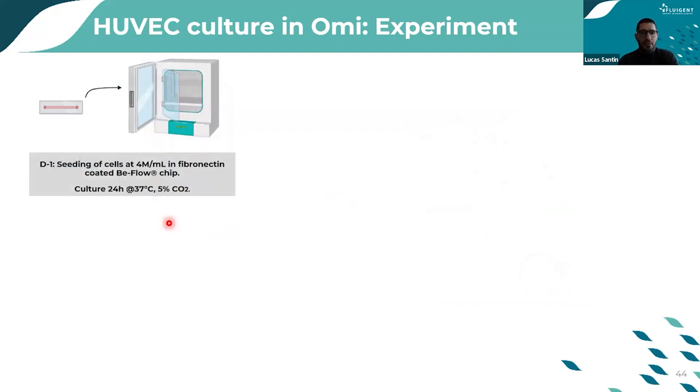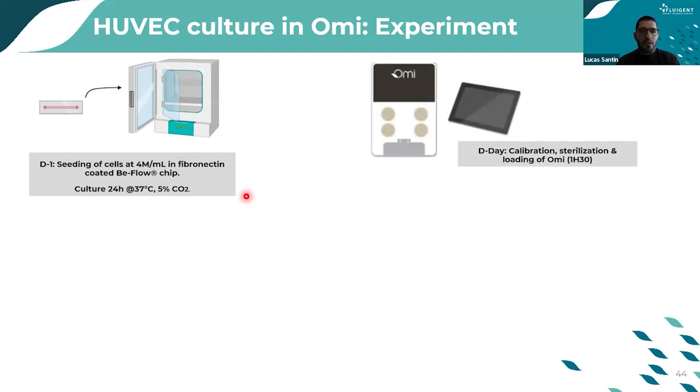If we go a bit deeper in the protocol, one day before the experiment, we will coat the chip with fibronectin and then seed the cells inside and let them incubate in the incubator for 24 hours.